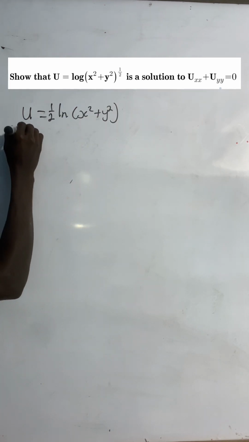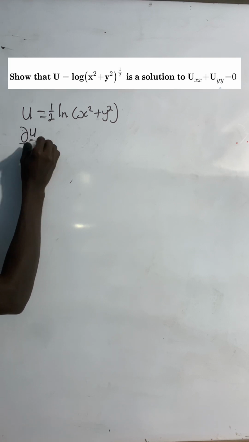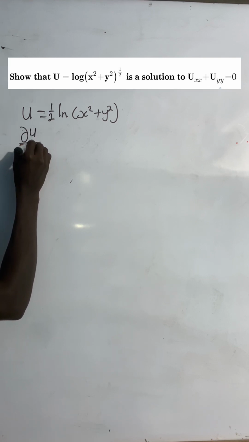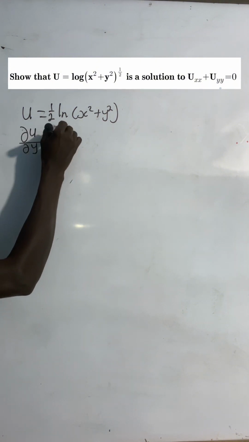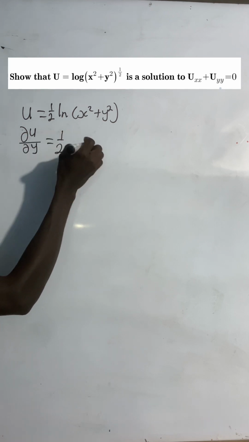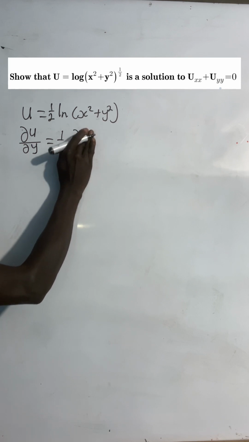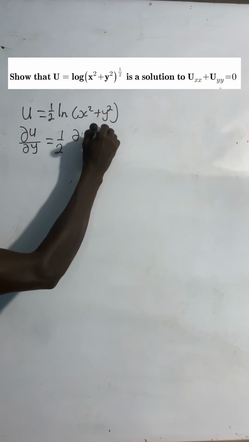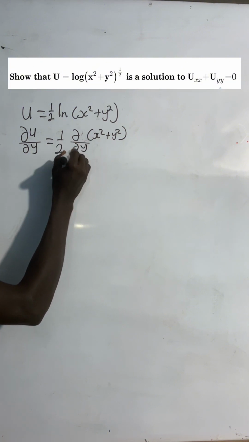Now here we are going to differentiate u partially with respect to y first. So we take the partial derivative of u with respect to y equals, we have half here, so we put the half down. Then because of the natural log, we differentiate the inner function divided by the inner function. So we take the partial derivative of the inner function with respect to y, all divided by the inner function.